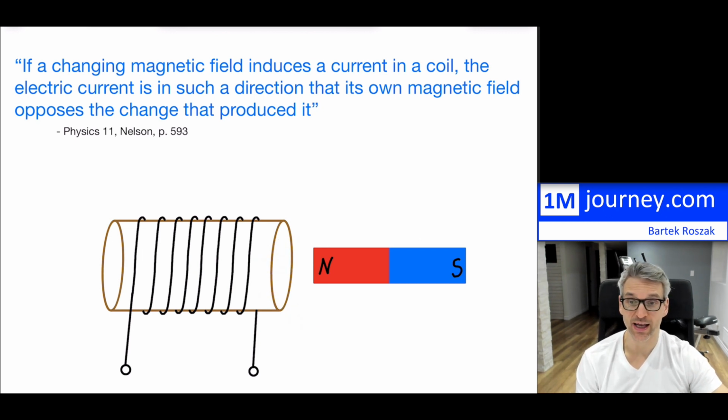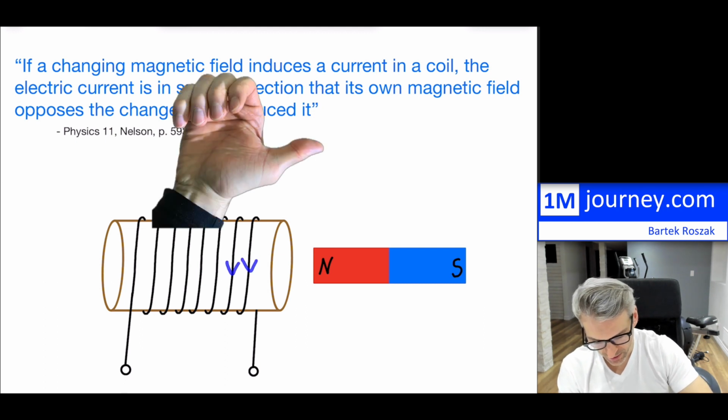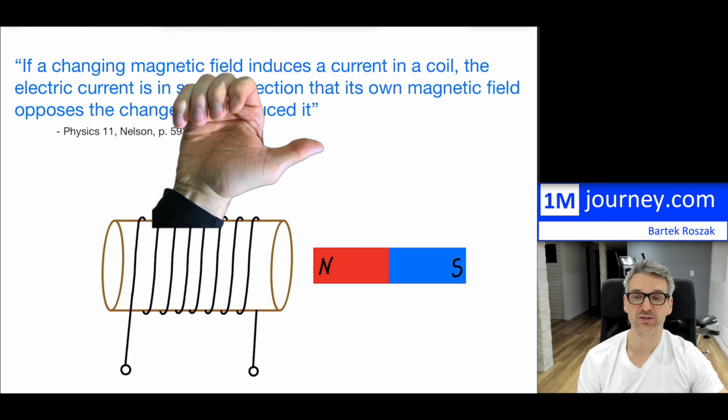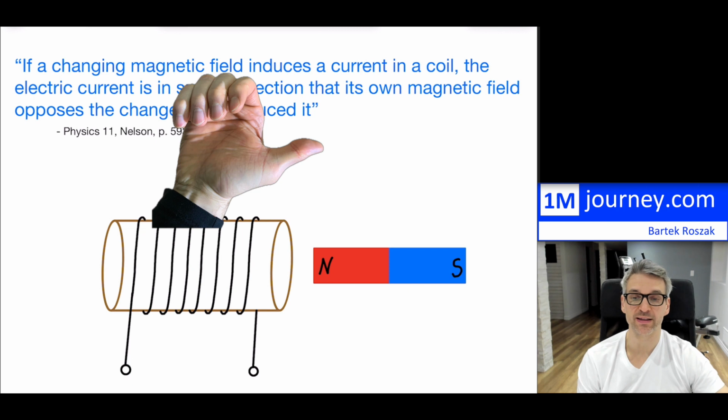So we can use a right-hand rule within here, and we could see that the current would have to flow. In this case, if we wrap our fingers around, the current would have to flow in this direction, right? So it would basically flow in, and in that direction, because you have your right-hand rule, as you see there on the screen, and it's going to be pointing you in such a way that your north pole would be out in this way.